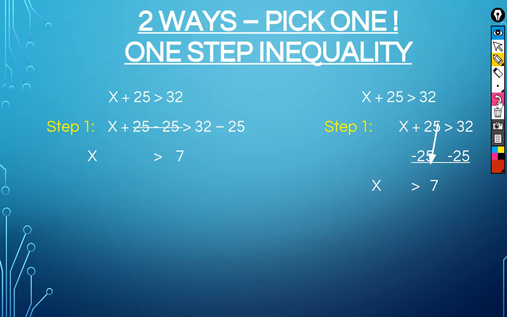Really not much different. So they had plus 25. They did the opposite operation. And also, I forgot to mention this, your number always stays the same, okay? You're always going to use the number that they give you. The only thing you're worried about is the opposite operation. So we had plus 25 on this problem, so they subtract 25 from both sides.